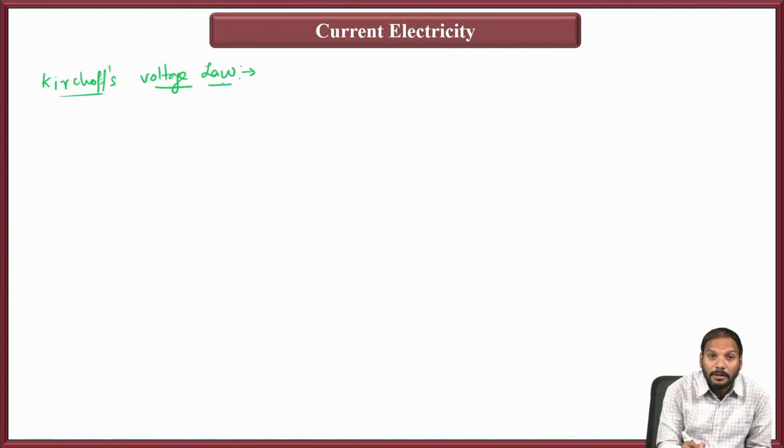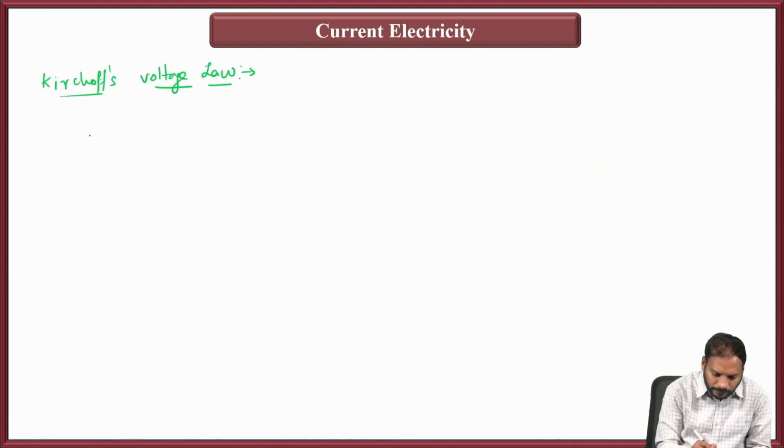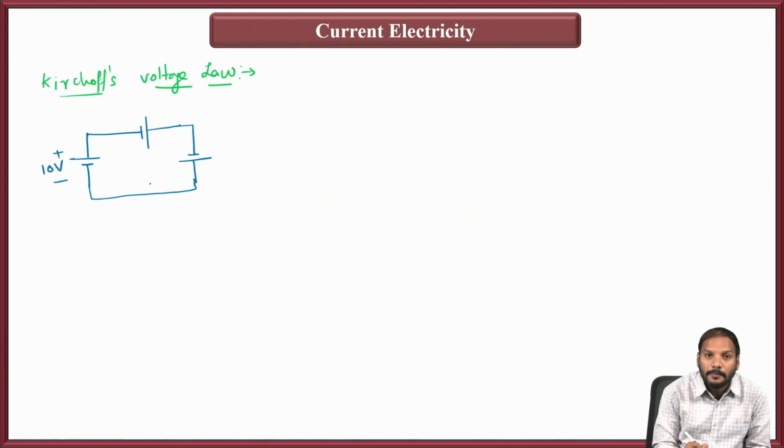See here, for a valid KVL, suppose I connect three batteries in series, something like this. This one is 10 volts, this one is 20 volts.